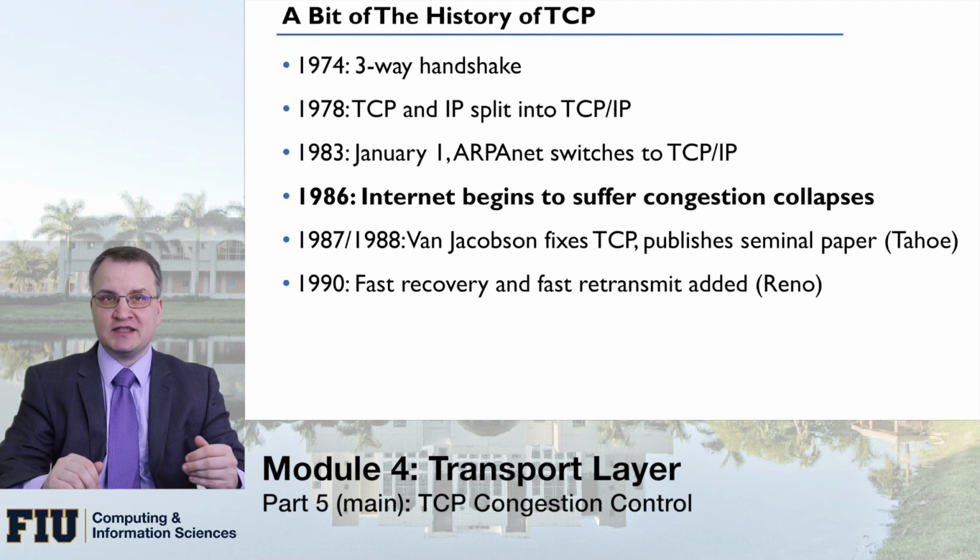So eventually, when people started actually using TCP and using this ARPA network, they experienced a very strange problem. And that very strange problem was effectively the congestion collapse. So they seemed to have enough bandwidth available for everybody, yet nobody was able to send data to anybody.